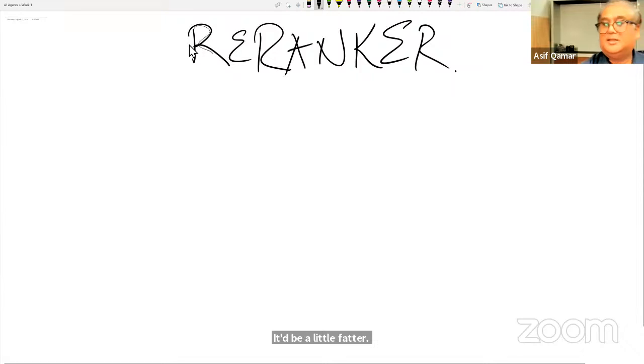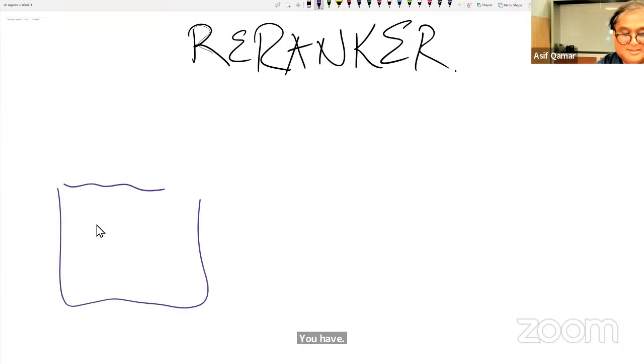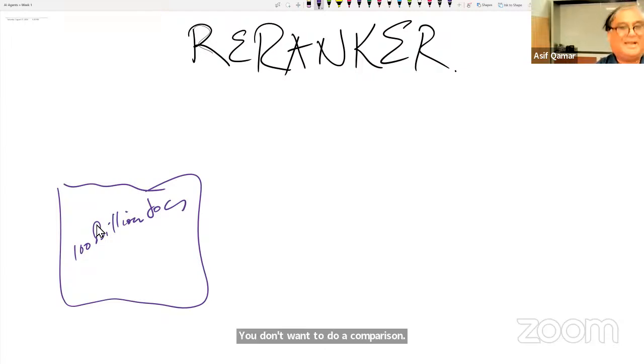Suppose you have a massive amount of documents, let's say 100 billion docs. You don't want to do a comparison, right? What you want to do is convert them into vectors, embeddings. So you have that.